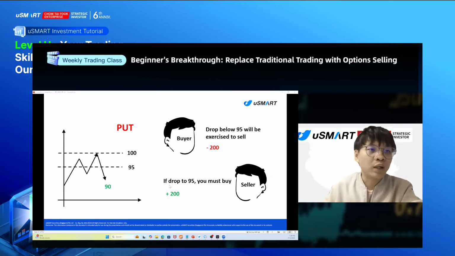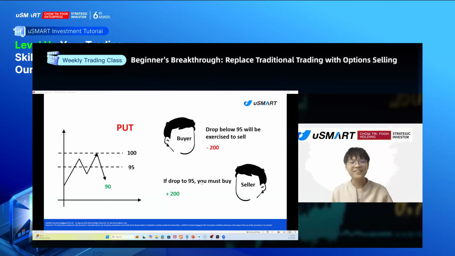So if you are a trader, you will feel that this is very similar to a buy limit. So what is a buy limit? A buy limit is where you place the order down here. When it falls below, you will get into the position. So selling a put is actually similar to placing a buy limit. You can see that if it drops to 95, you must buy.